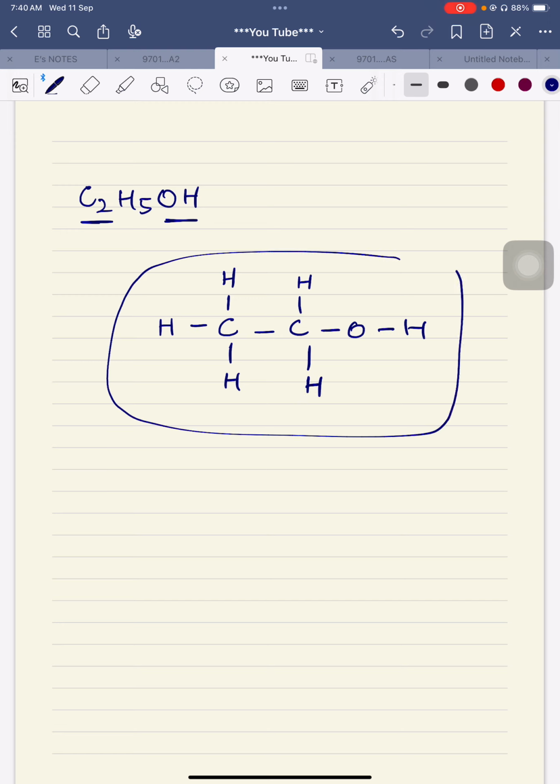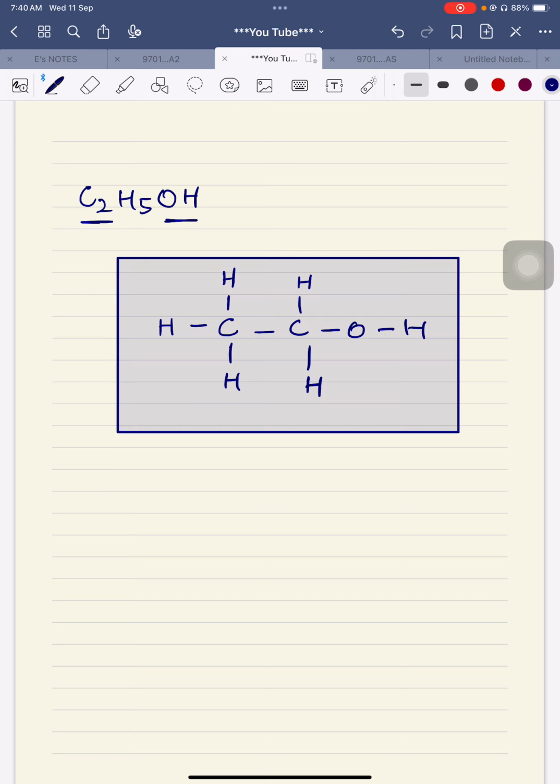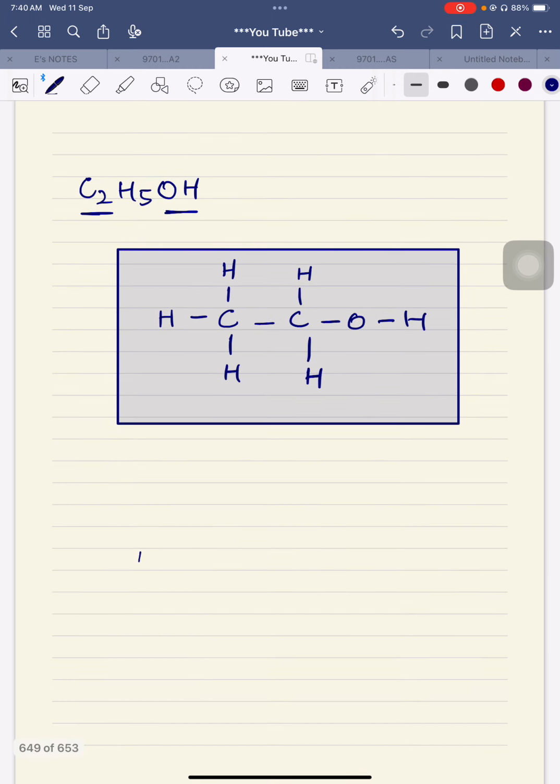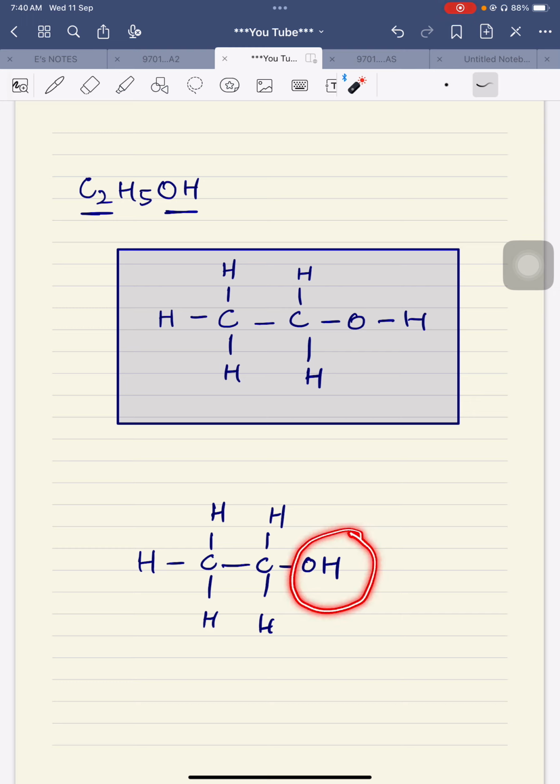Guys, this is exactly the 100% displayed formula for this. I would like to tell you that in one of the past paper questions, the examiner wrote this as the displayed formula of ethyl alcohol, and he has made this and then this. A student who neglects this bond will make a mistake.